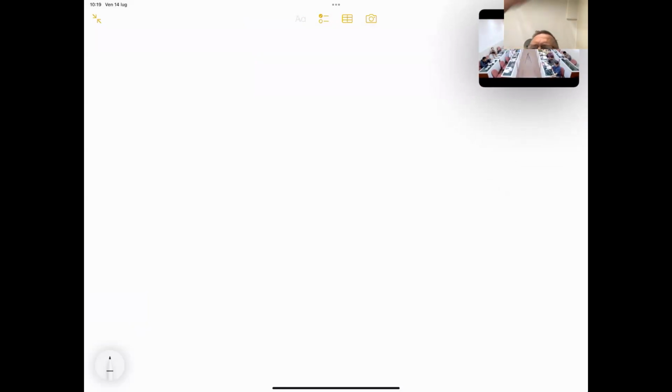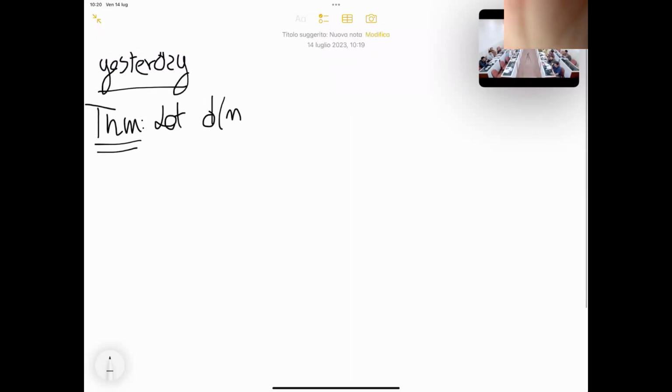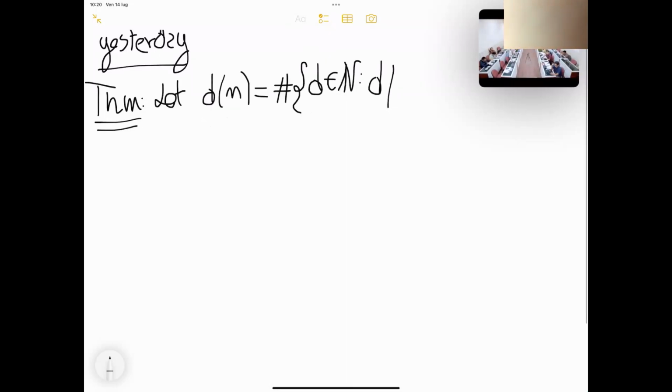So yesterday, we were talking about the following theorem. So let d of n be the number of positive integers such that d divides n.